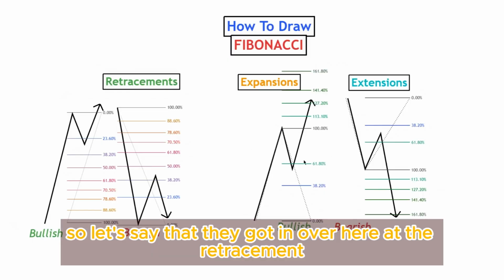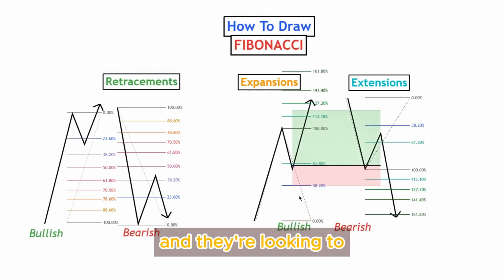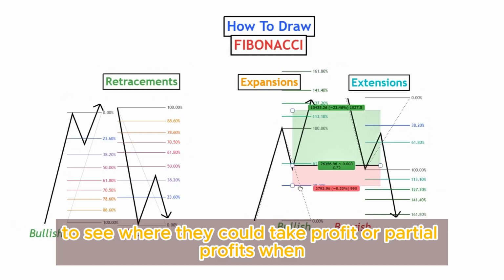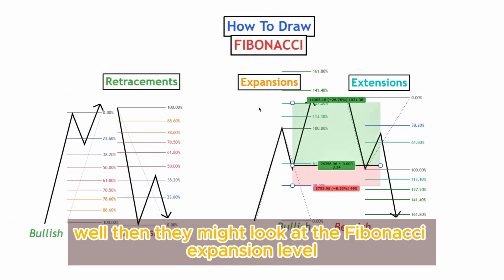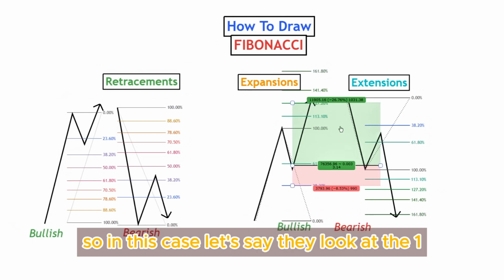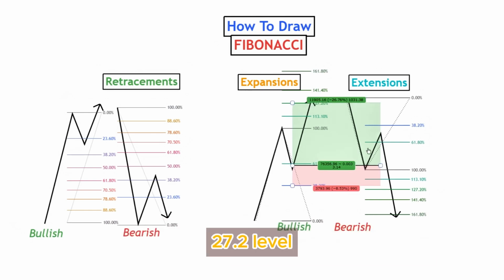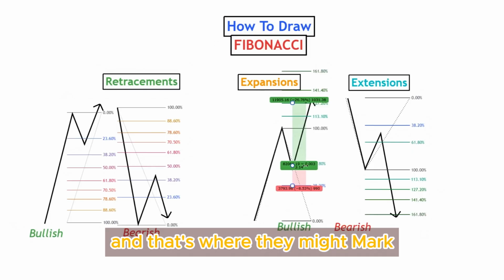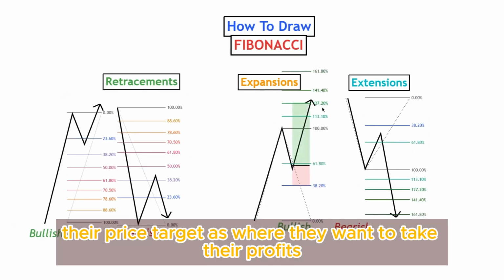So let's say that they got in over here at the retracement and they're looking to see where they could take profit or partial profits. Well, then they might look at the Fibonacci expansion level. So in this case, let's say they look at the 127.2 level, and that's where they might mark their price target as where they want to take their profits.